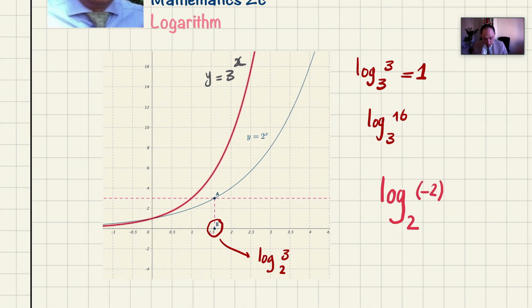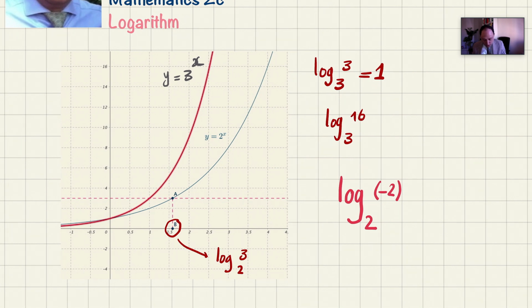Why is there no number here? Because you see -2 is here. If I draw a horizontal line with the hope to find the intersection with the blue curve, it will never happen, because the blue curve is always above the x-axis. So there is no hope that I can find an intersection point. So what does it mean? It means that it is not defined.